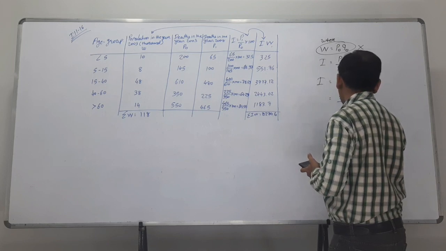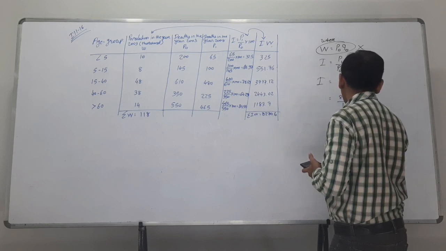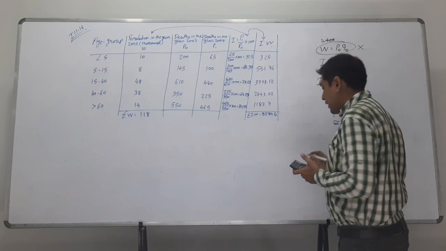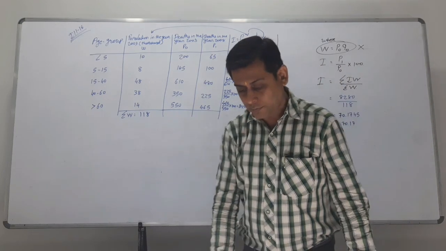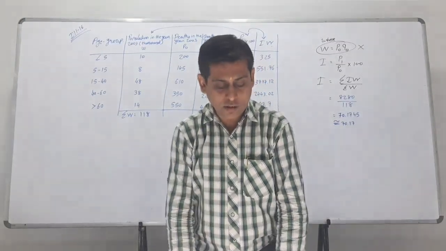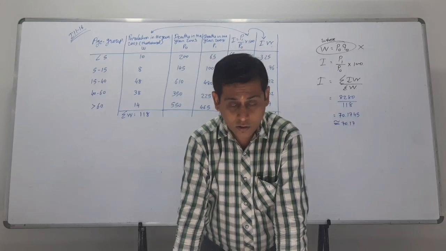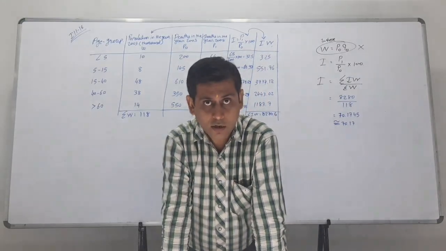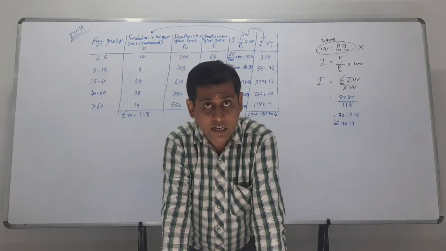So approximate answer is 70.17. So here you can say that the death rate on the basis of 2003, the death rate is decreased.